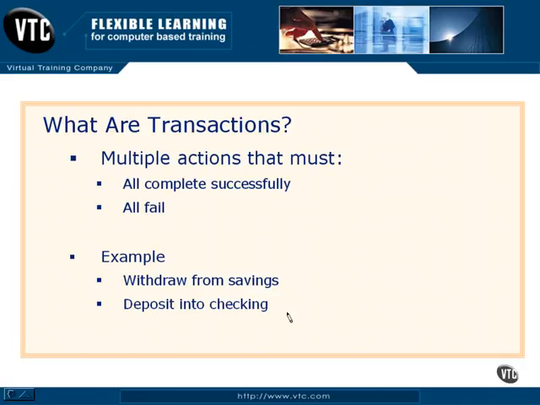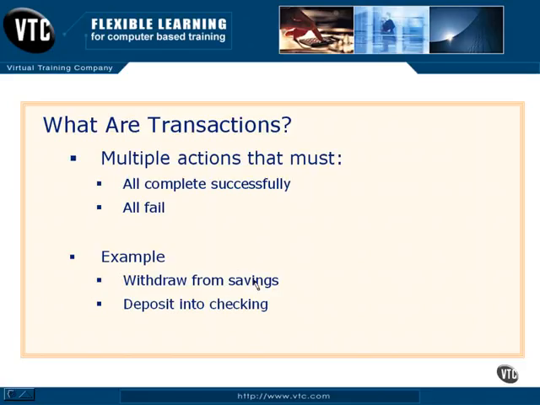Well, let's go the other way. What if the withdrawal from savings doesn't work? So you try to withdraw $1,000 from savings, but that fails. But then it lets you deposit $1,000 into checking. Well, you and I would be spending all night online on the bank's website depositing money into our checking account, right? Because the bank wants this withdrawal.